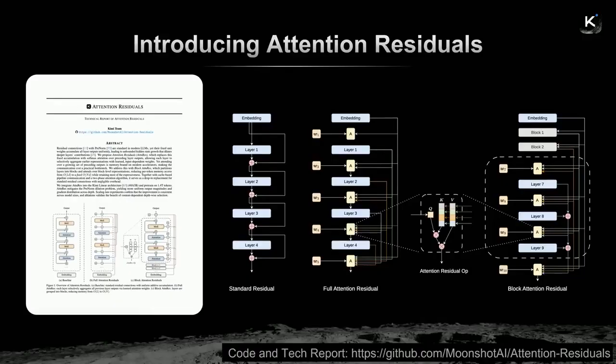For example, each block can contain 16 layers, or maybe 4 layers. Then we apply this attention residue only on the output of each block, but within each block, we still adopt the standard residue. This reduces a lot of overhead while having minimal loss in terms of training accuracy.